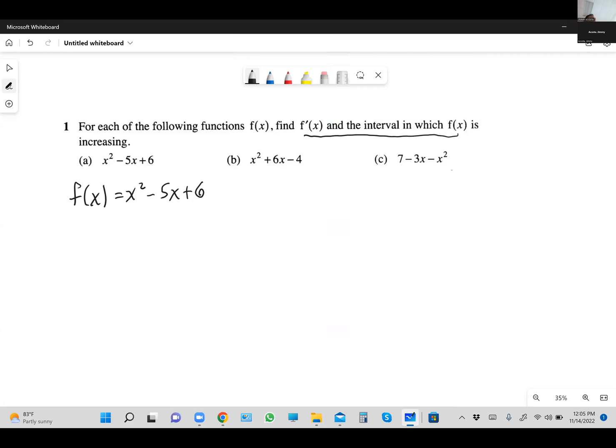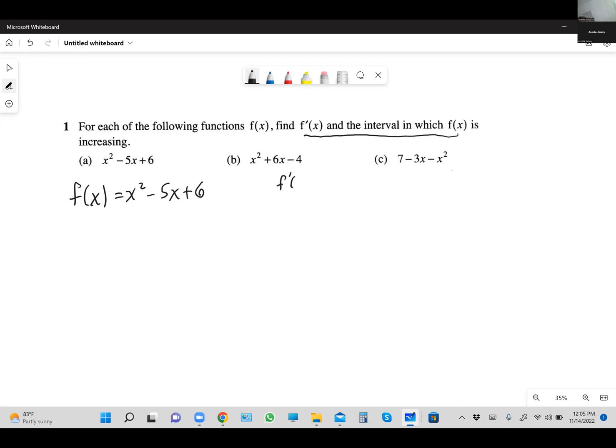Now, what I want to let you know is that a function is increasing when its derivative is positive. If the derivative is positive, it's increasing. If the derivative is negative, it's decreasing. And if the derivative is 0, it's stationary. So I'll go ahead and write that in symbology.